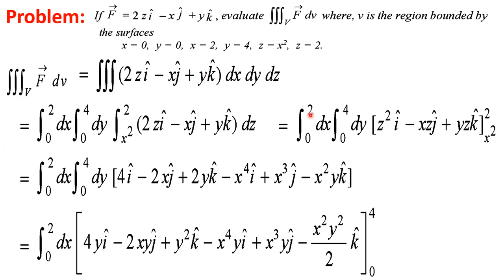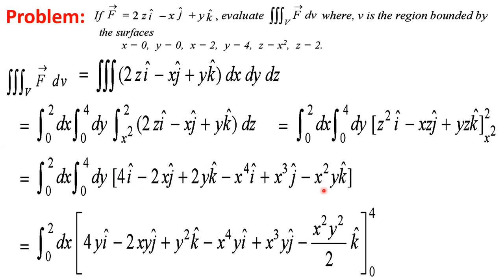Now, what are the limits on z? In this step, the integration with respect to z is performed, and the limits are from x squared to 2. Whenever there is z, I have to use these limits for z. So when you put these limits, you will end up with this bigger bracket expression.